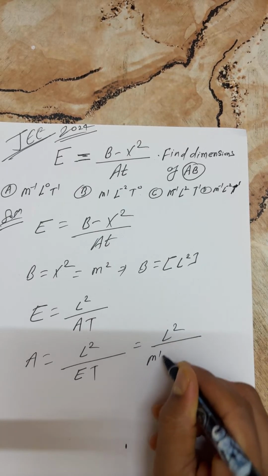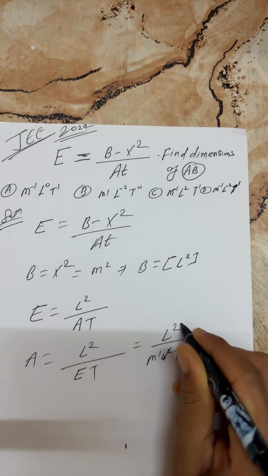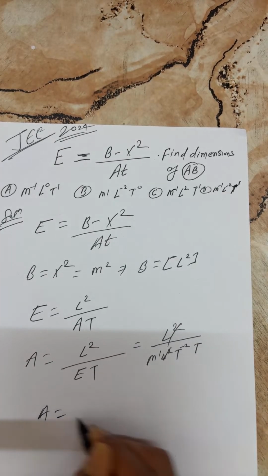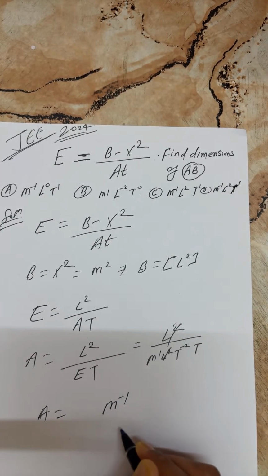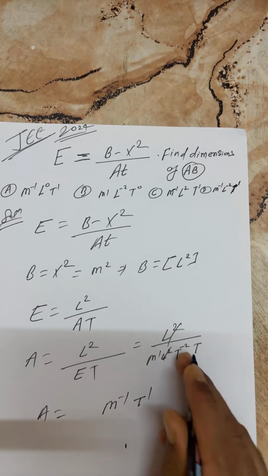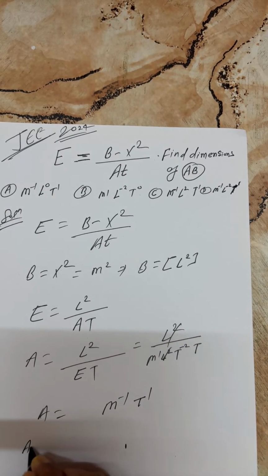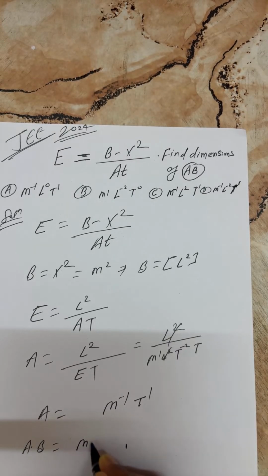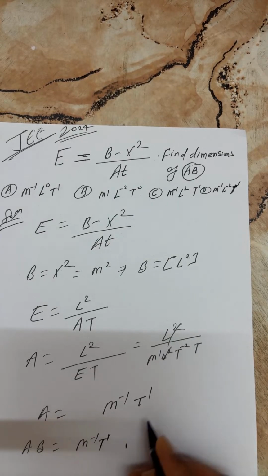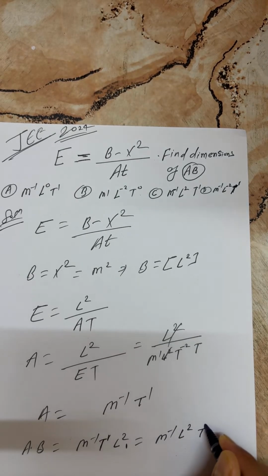Energy is M1 L2 T minus 2, and this is T. So A is M to the power minus 1, T to the power minus 2 plus 1. So we need to find A into B. A is M to the power minus 1, T to the power 1, and B is L square. So you can say M minus 1 L2 T1.